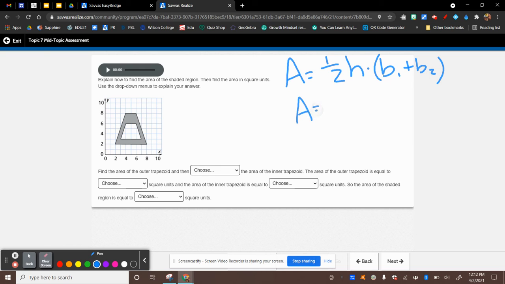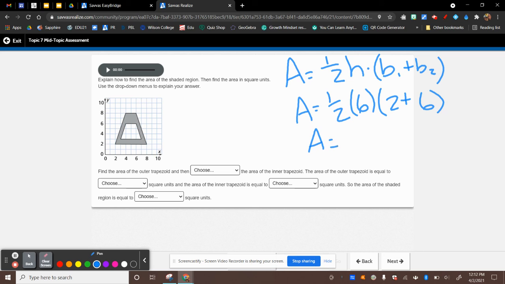So I'm going to go ahead and bring down the 1/2. My height, I just have to count. I'm at 8 down to 2, so that's 6. My B1 goes from 4 to 6, so that's 2, plus my bottom one is from 2 over to 8, so that's 6.